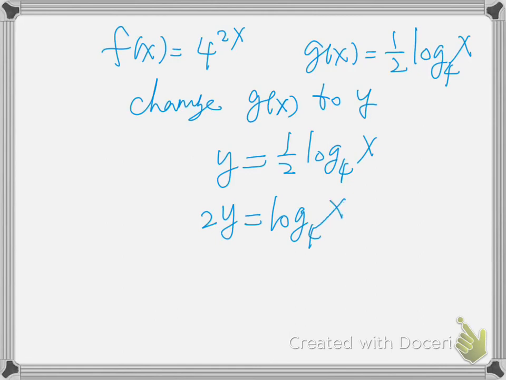Now this time I will look at this log form in the clockwise direction. I will read it this way. So base 4, exponent 2y, is x.